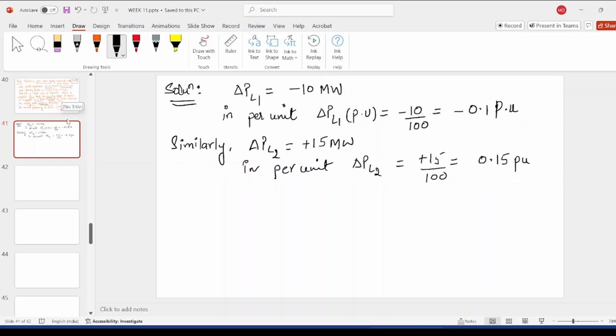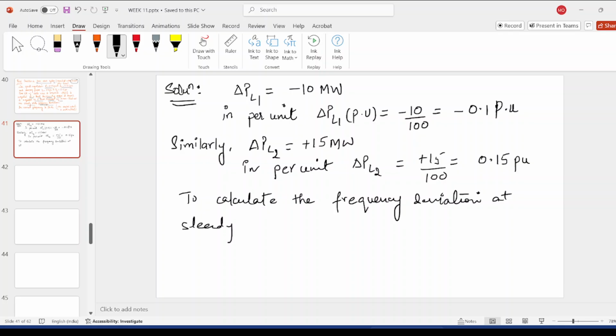Now to calculate the frequency deviation at steady state, we have to find the effective beta.